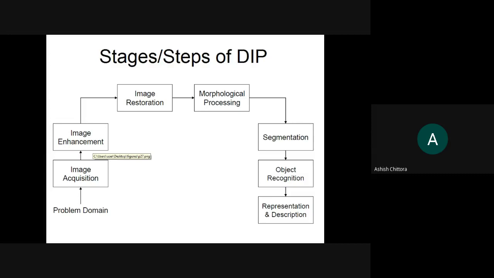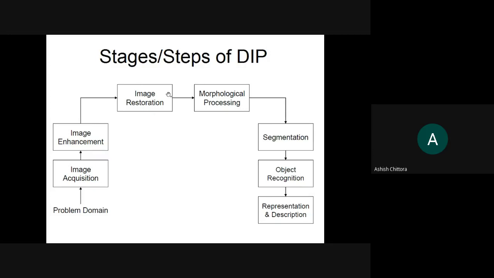The raw images may not be perfect for interpretation by a doctor, so there also we have to apply image enhancement. Similarly, satellite images may be corrupted by noise, so those images also need to be enhanced.